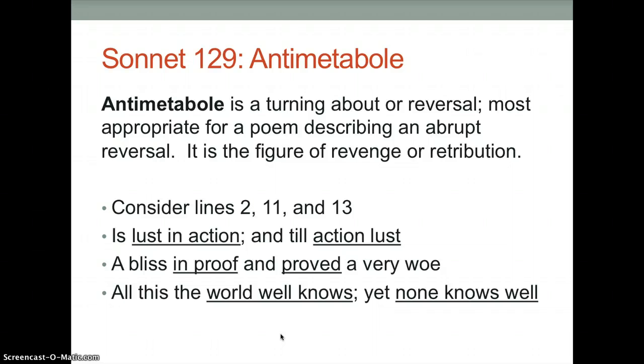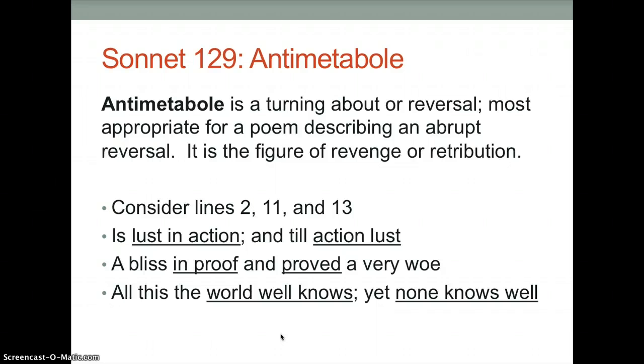And finally, antimetabole, which is simply a larger word for a reversal or a turning about. And it's so appropriate to this poem because it is a poem about reversal. It's about retribution. It's about wanting to seek revenge. So if you consider lines 2, 11, and 13, is lust in action until action lust.